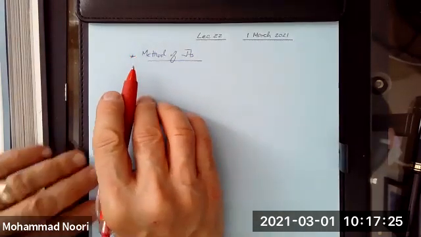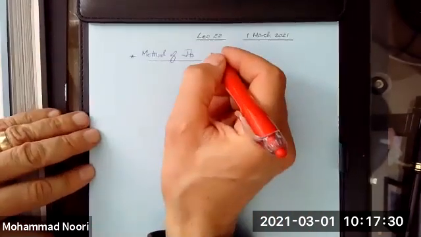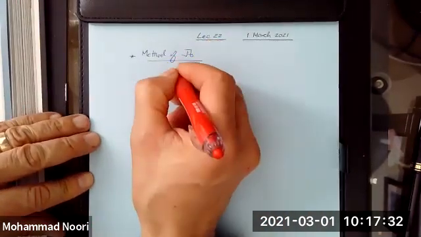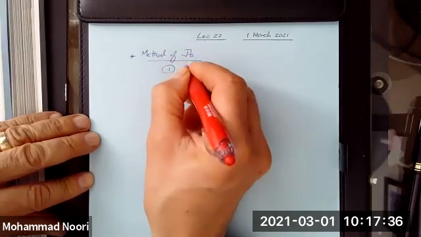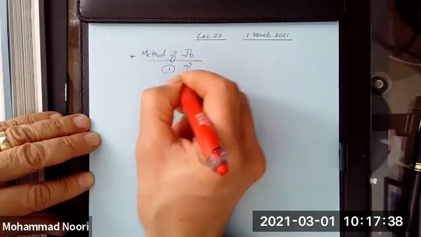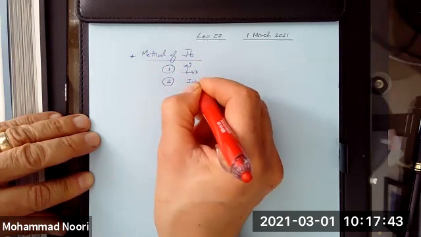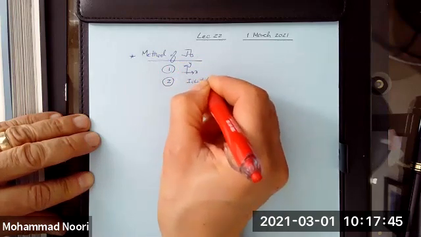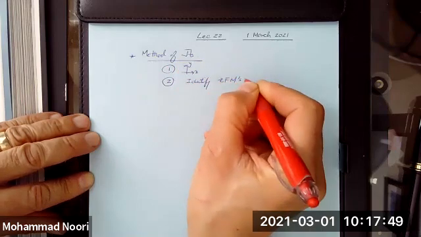So in the method of joints, very briefly, what did we do? The major steps: step one, establish an XY coordinate system. Step two, identify zero force members.